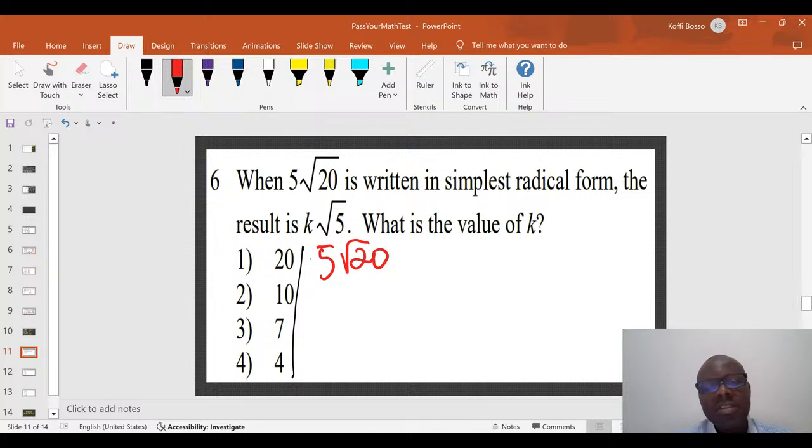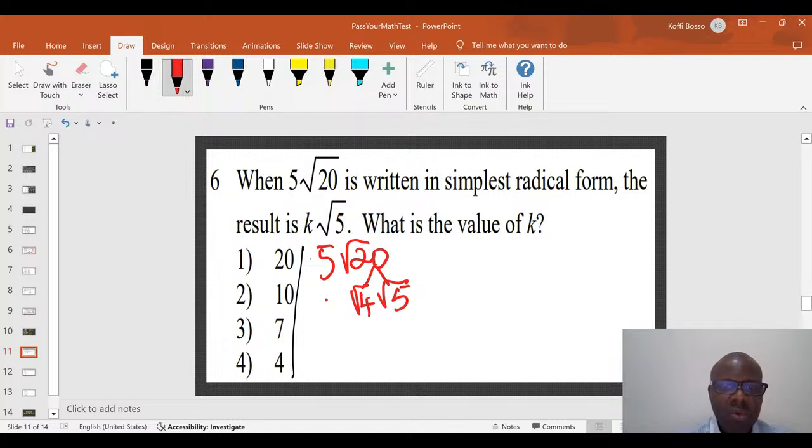Before you answer this question, you have to simplify completely. Yeah, completely. So the 5 is fine, but we need to break down the square root of 20. In 20, I can find two numbers that multiply together to get 20, where one is a perfect square. So that number is 4, and the other one will be 5.